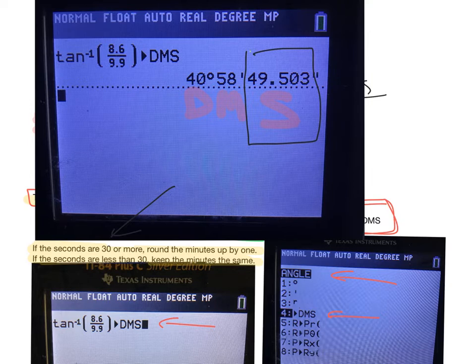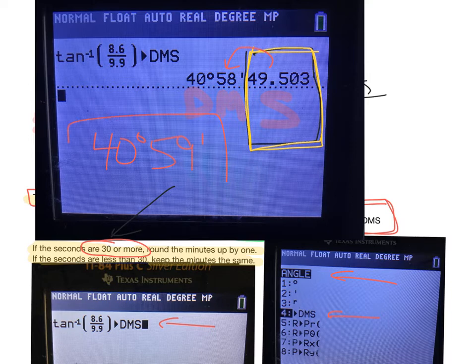If the seconds are less than 30, you keep everything the same. Here the seconds are 49.5. So that's 30 or more. So we're going to round the minutes up by 1. So here our answer is 40 degrees, 59 minutes.